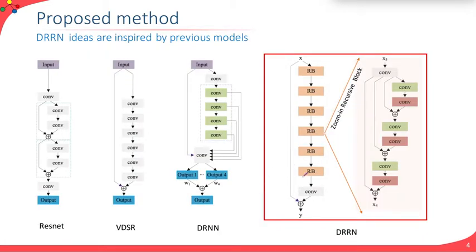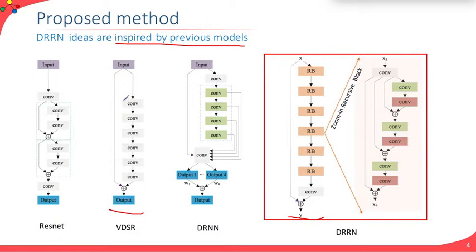This is the architecture of DRRN and the previous model. We can see that the DRRN model is inspired by the previous one. This is the overall architecture of DRRN, and this is very similar to VDSR.